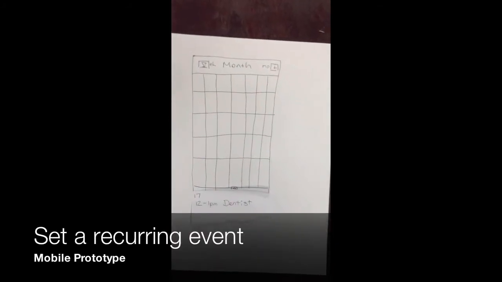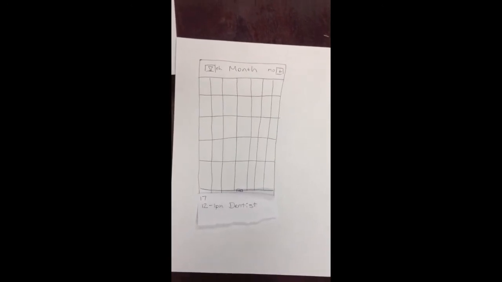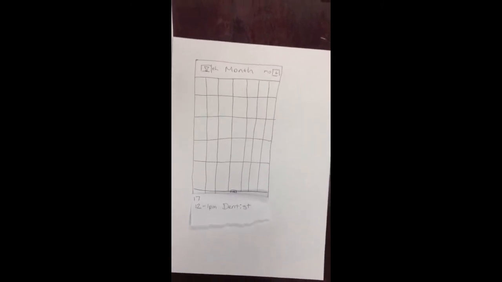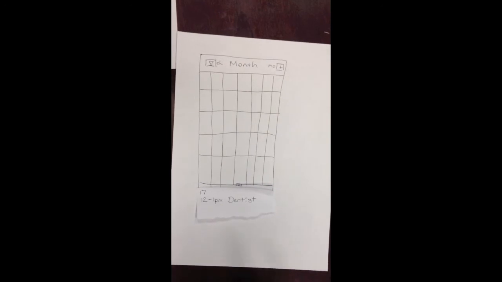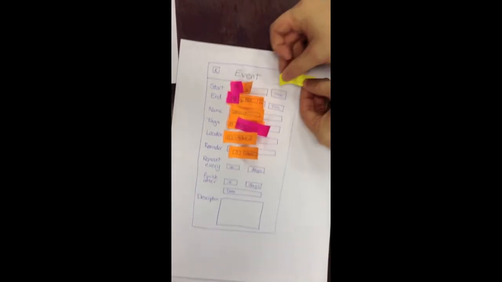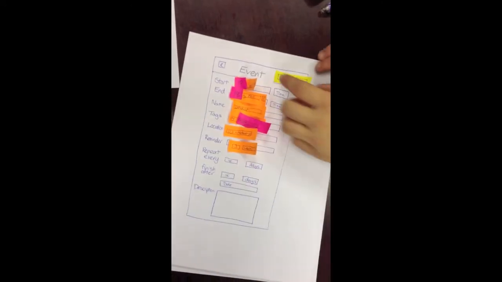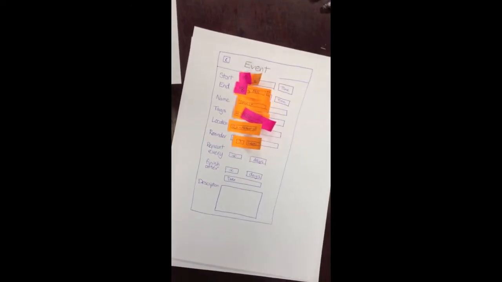Okay, for this task we're going to set a recurring appointment on our existing appointment. So click on the appointment, it'll take you to the event screen, which will have an edit button here, and then you click on edit, and these fields would become editable.